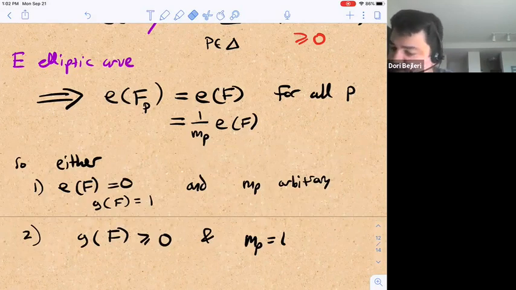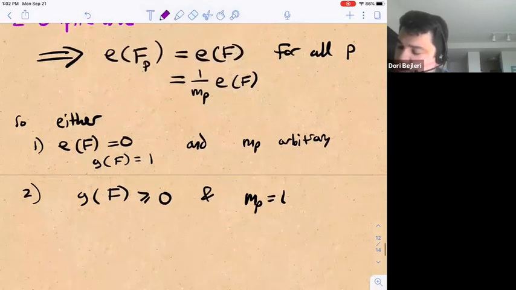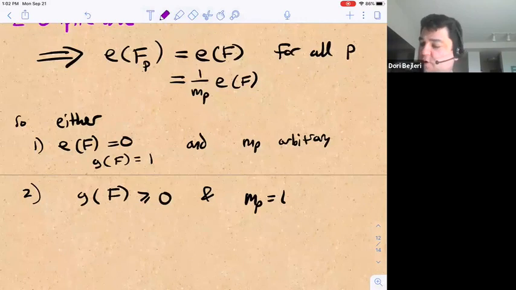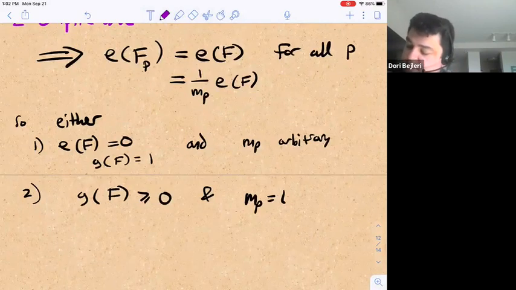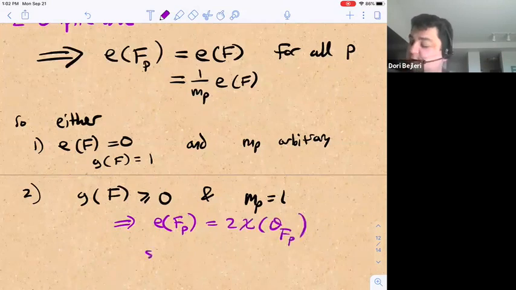So in this MP is 1 case, because the Euler characteristic of O is constant in our family, we get that this is 2 chi OFP, so FP is smooth.